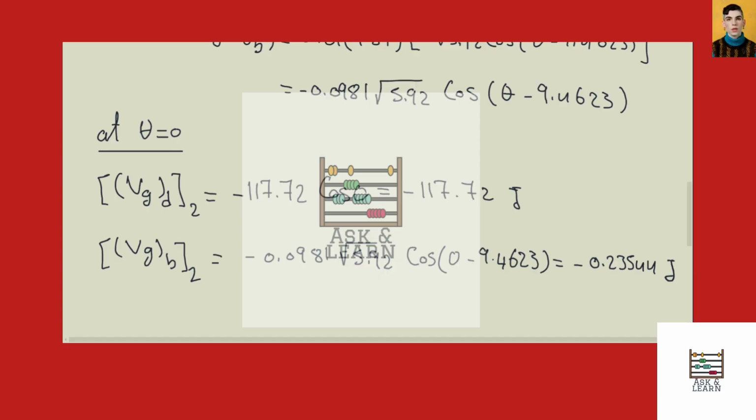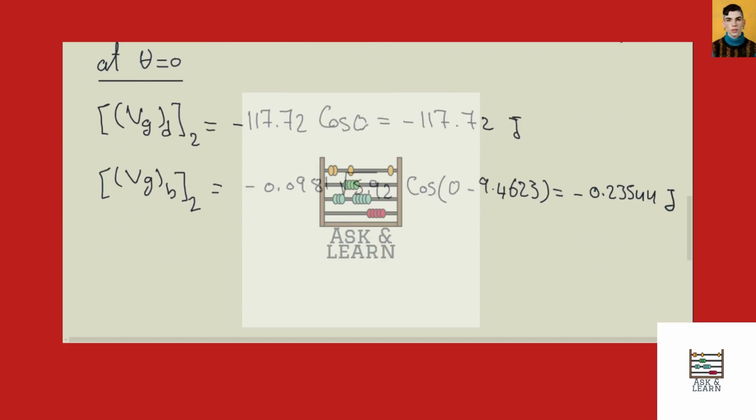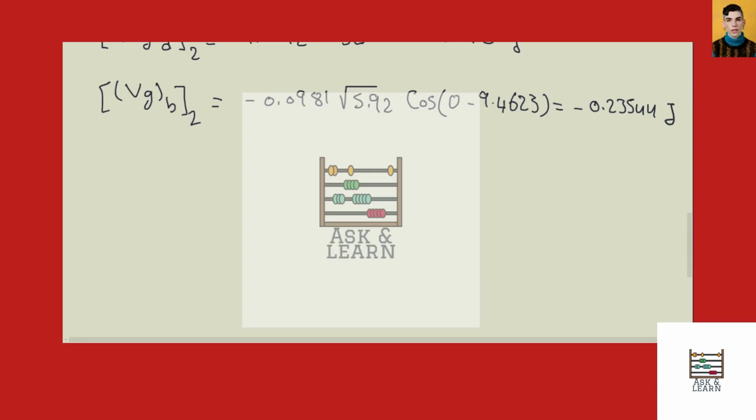By conservation of energy, we can say that T2 plus V2 equals T3 plus V3.